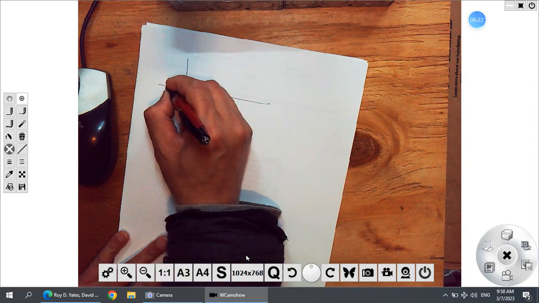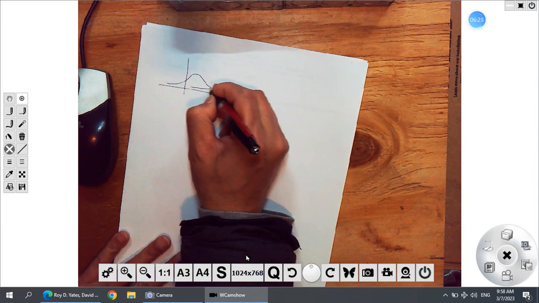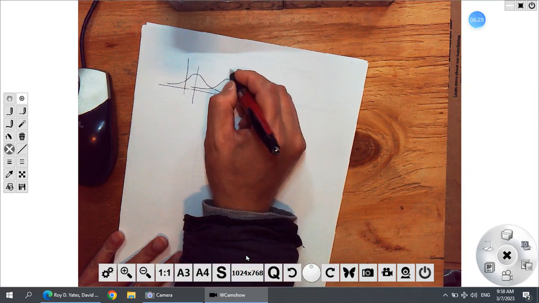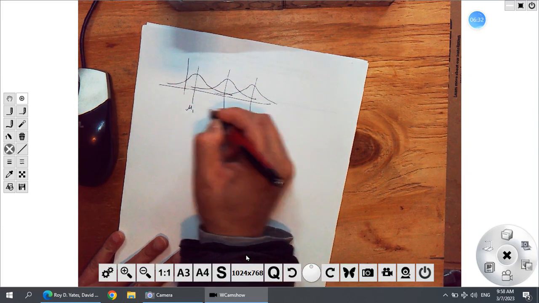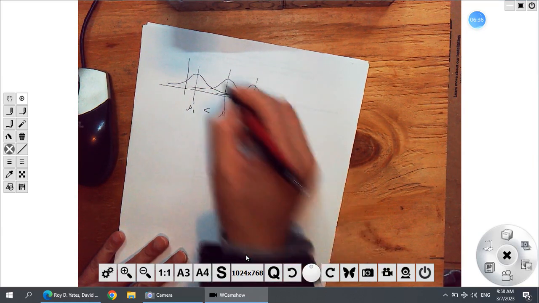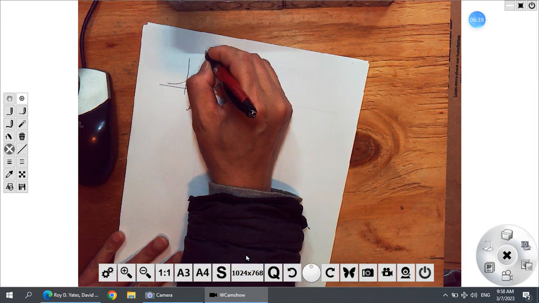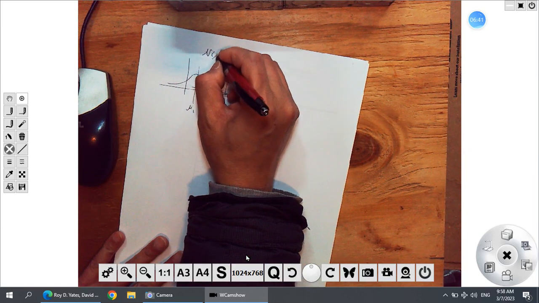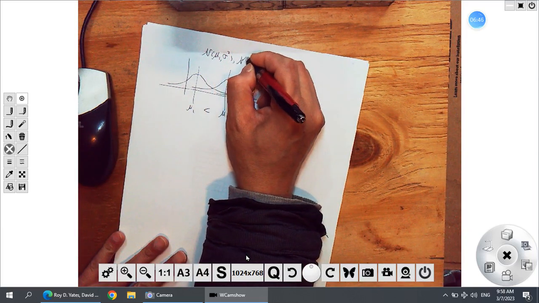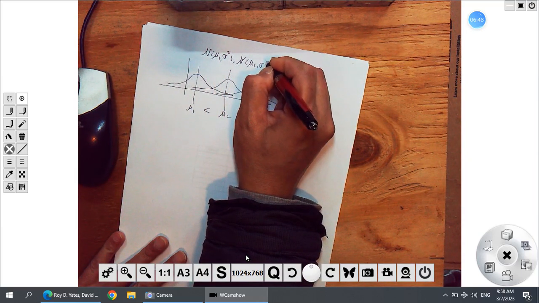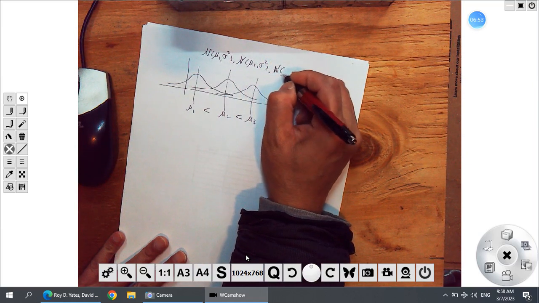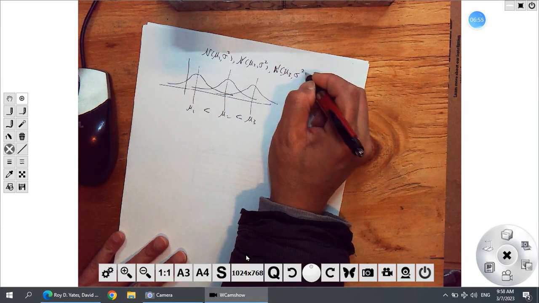We can have this one, this one, this one. So this is mu 1, mu 2, mu 3. It's a Gaussian mu 1 sigma squared, Gaussian mu 2 sigma squared, and Gaussian, the normal, mu 3 sigma squared. The PDF.